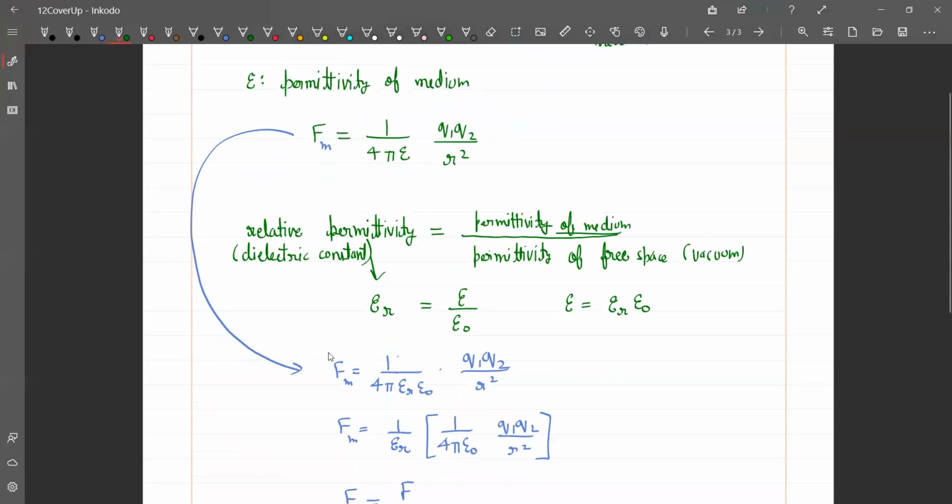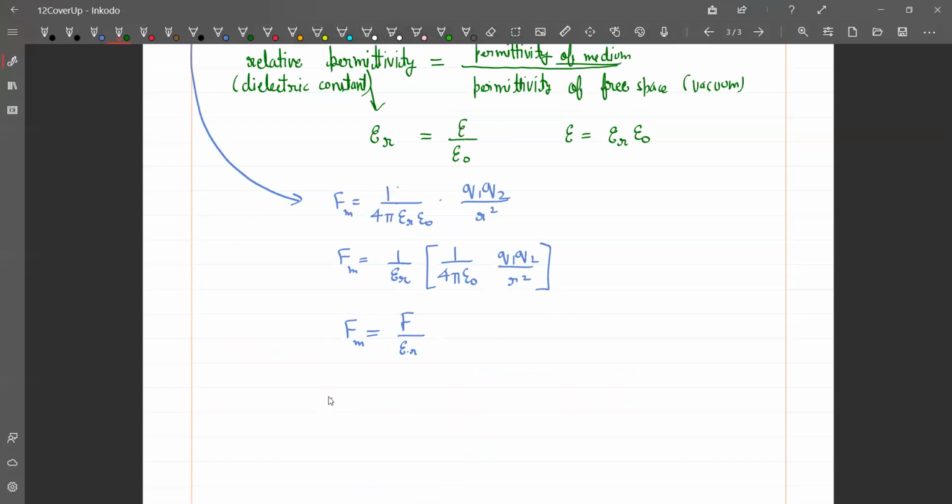So in other words, I can also write that epsilon r, that is your dielectric constant, is basically the ratio of electrostatic force in medium divided by electrostatic force in vacuum.